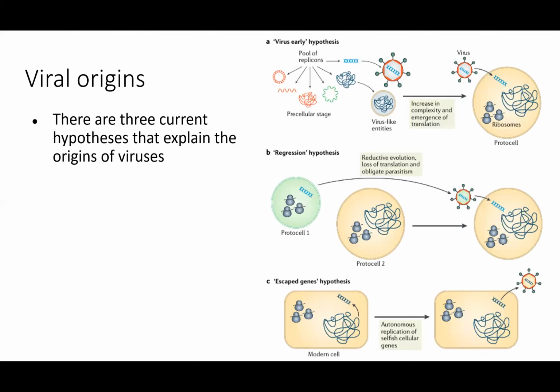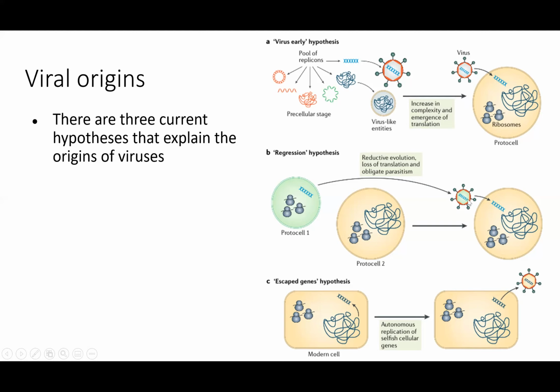There are three current hypotheses for how viruses came to be. The first one is the virus early process, where you had a pool of replicons, things that are capable of replicating on their own. They were encapsulated in some protein, and over evolutionary time they increased in complexity and, through the emergence of translation, became infectious.